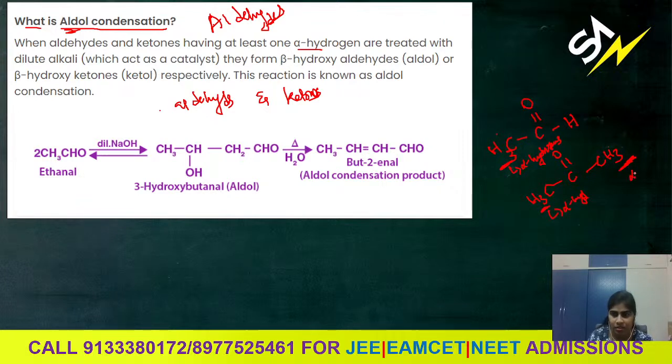These hydrogens are also known as alpha hydrogens, and these carbons are known as alpha carbons. Here also this is an alpha carbon, and this is also an alpha carbon.